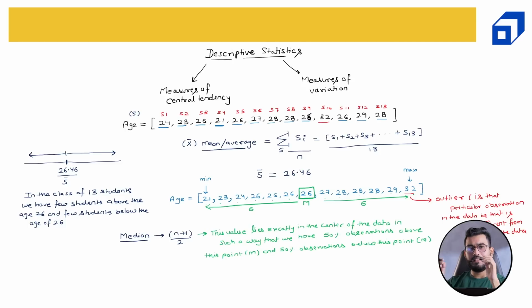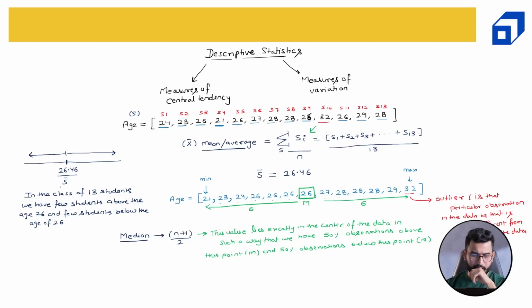Average is taken by considering all the data. When I have to calculate average, I am summing over all the data. Here you can see the formula: the sum over all the data points divided by the number of data points. And due to these influential observations, which are known as outliers, my average can shift towards the outlier.